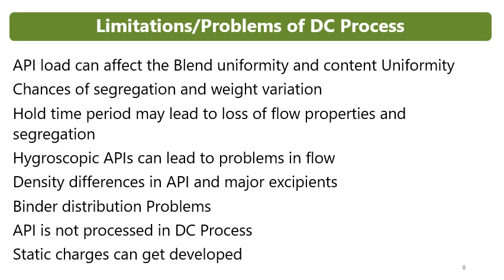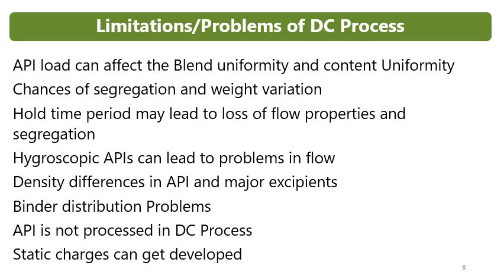Then what are the limitations or problems with the DC process? Low dose formulation, though we are manufacturing, still has some problems. API load can affect the blend uniformity and content uniformity. If API is present more than 70% or 80%, and if that API does not have good flow, then the DC process cannot be selected. Chances of segregation and weight variation.